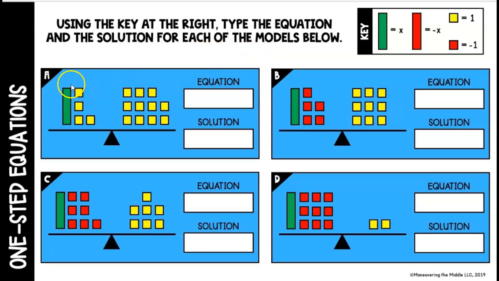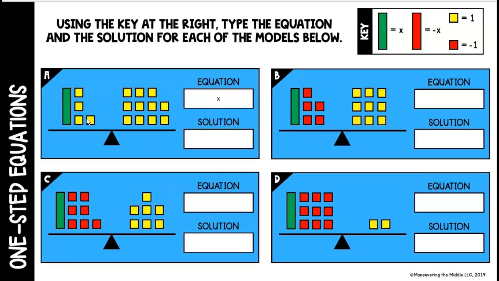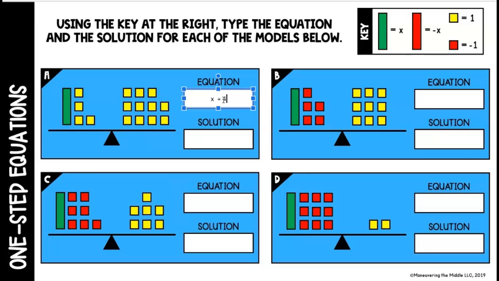In this particular one, in A, we have a bar, so that's our x. Then I'm going to count the number of squares: 1, 2, 3, 4. Remember, those are positive, so that would be x plus 4.